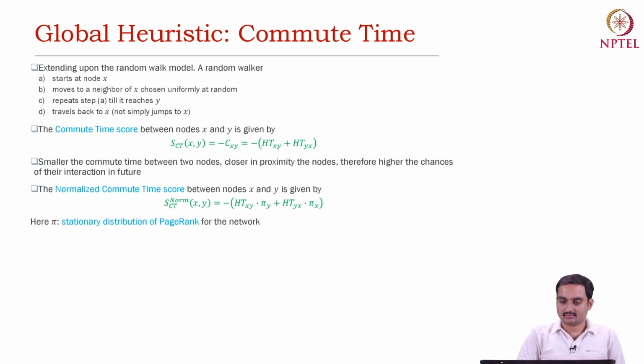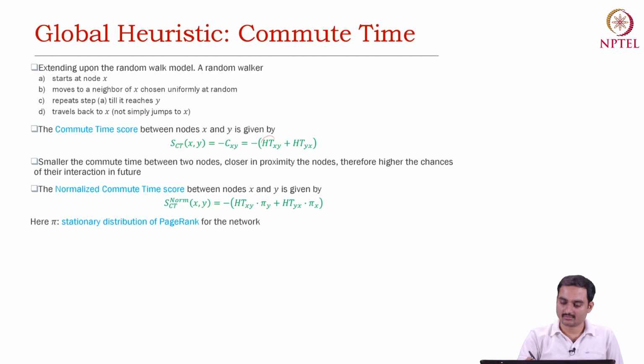The next one is commute time. Here the idea is same, but we look at both directions. In the hitting time, we start from x and see when the random walker will hit y. Here you start from x and measure the hitting time to reach y, and you also start from y and measure the hitting time to reach x.